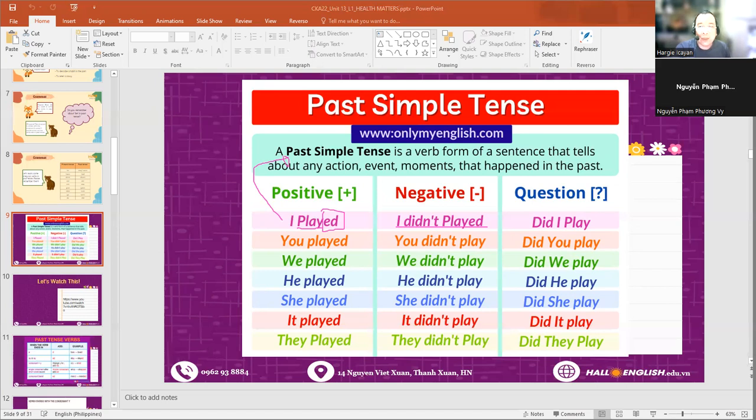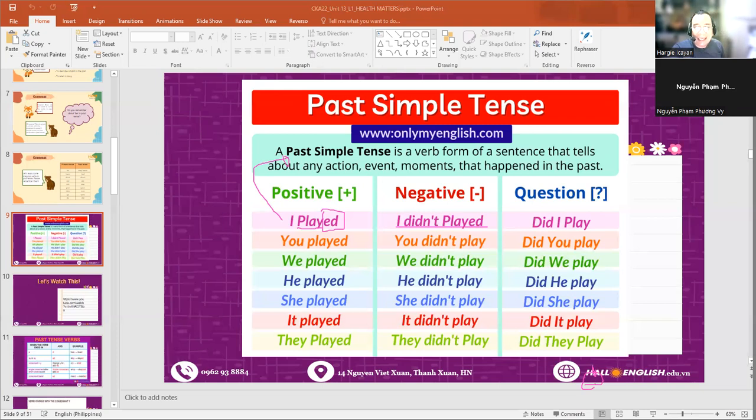So the verb that we use in this sentence is played. And this verb played is in what? Is it in the present tense or is it in the past tense? It's in the past tense. Very good. Because the action has been done already. Right? Because of the ED in there. Did you get it, B?